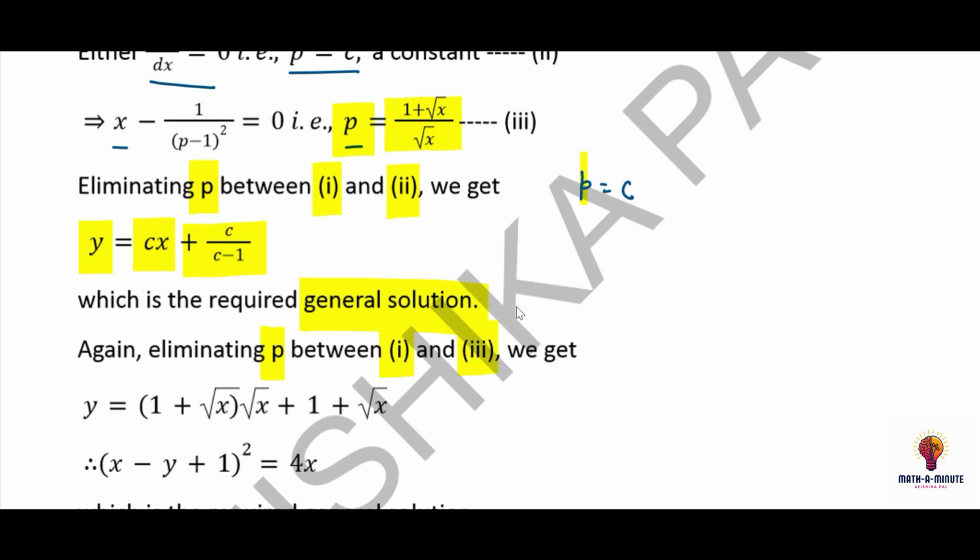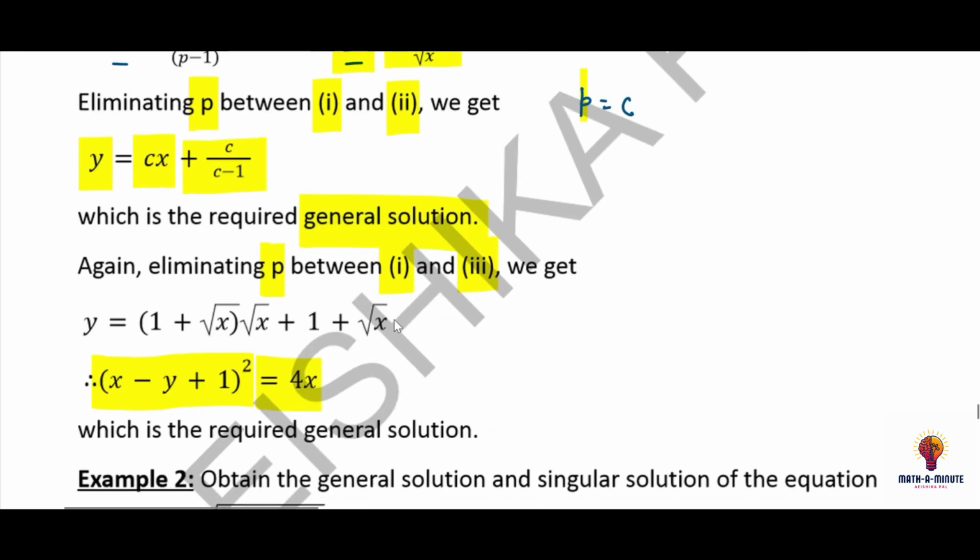The third equation is p equals 1 plus square root of x divided by square root of x. So just put the value of p here, and we will get this equation: (x minus y plus 1) whole square equals 4x, which is known as the singular solution of the given differential equation. Okay, this is not the general solution, it's known as the singular solution.